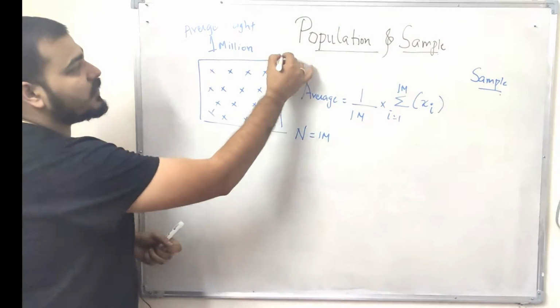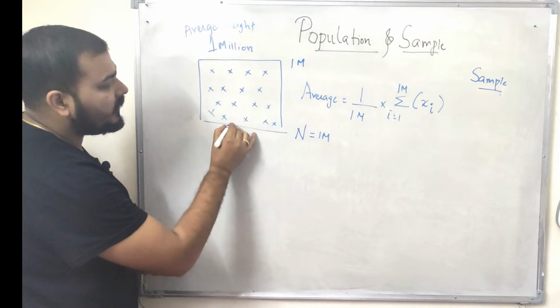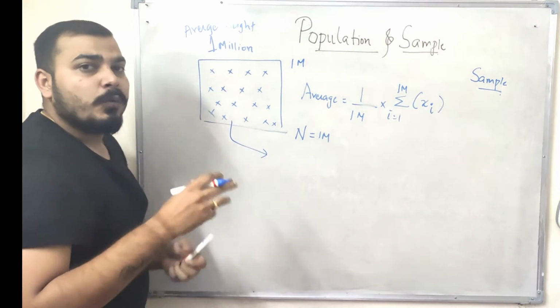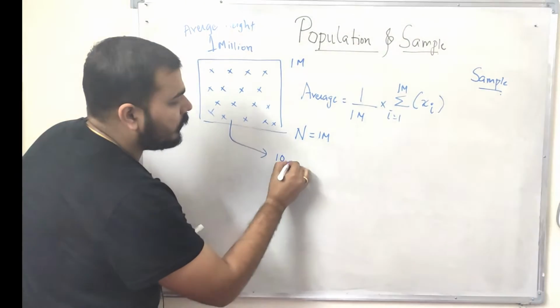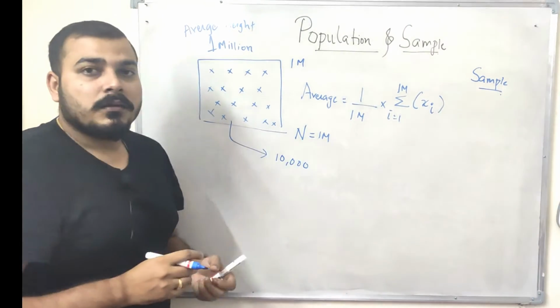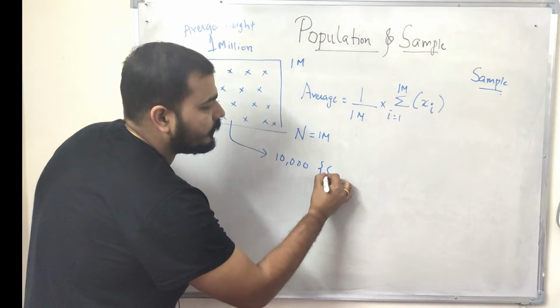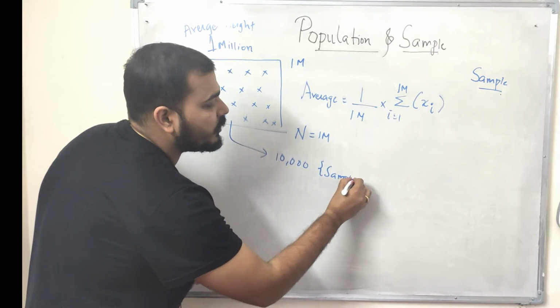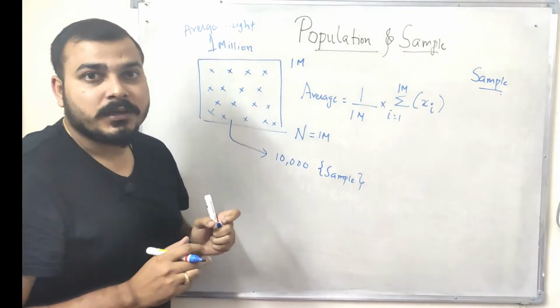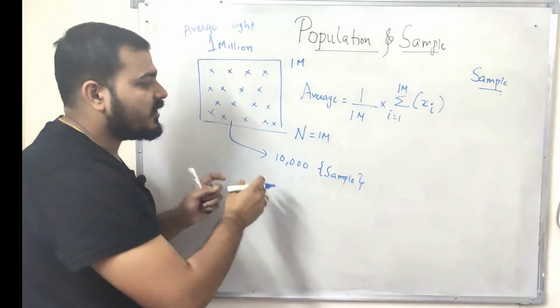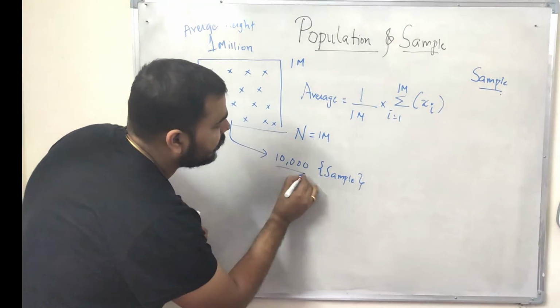So suppose this is 1 million total. From this, what I will be doing is picking up some 10,000 people randomly. Suppose this is my sample I'm considering, my sample out of this particular population. Now out of this 1 million people, I'm just taking a sample of 10,000 people.